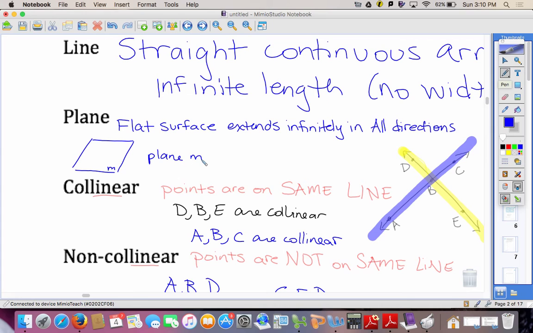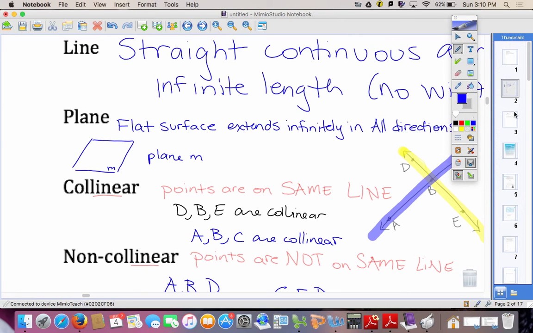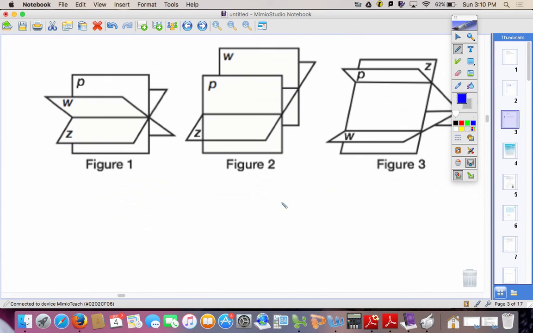Okay, if we look at this next page for a second, we can see these are all different planes. In figure 1, you have plane Z, plane W, and plane P. Okay, and if we look at this, we can see that all three of these planes intersect at one line.